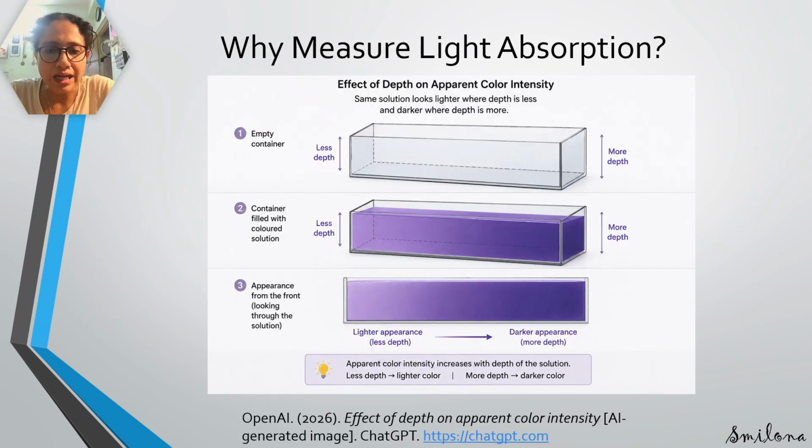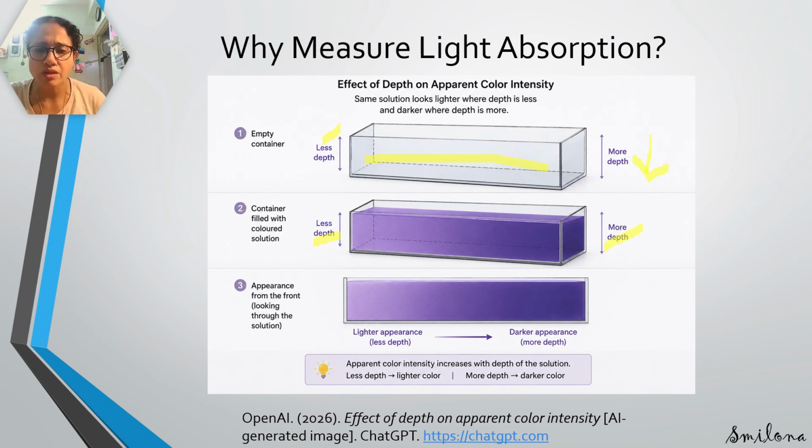To explain this last point, let me take you through this diagram. If I take a container with asymmetric depth, that means one end is deeper than the other, and I fill it with a colored solution, say a potassium permanganate solution, you will see that the color of the solution is lighter on this end, which has lesser depth, and darker on this end, which has more depth.